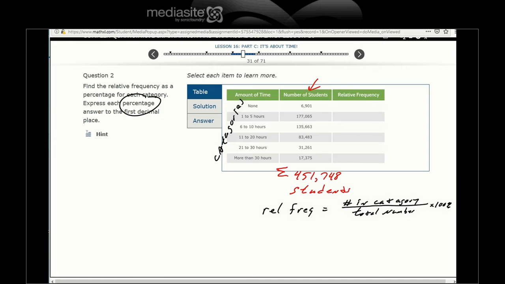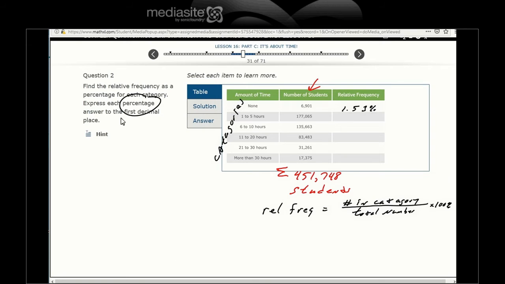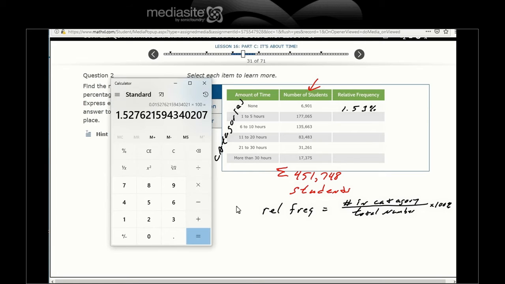So by hand, the first one: 6901 divided by my total, 451,748, then times 100, for 1.53%. To the first decimal place, just 1.5%.